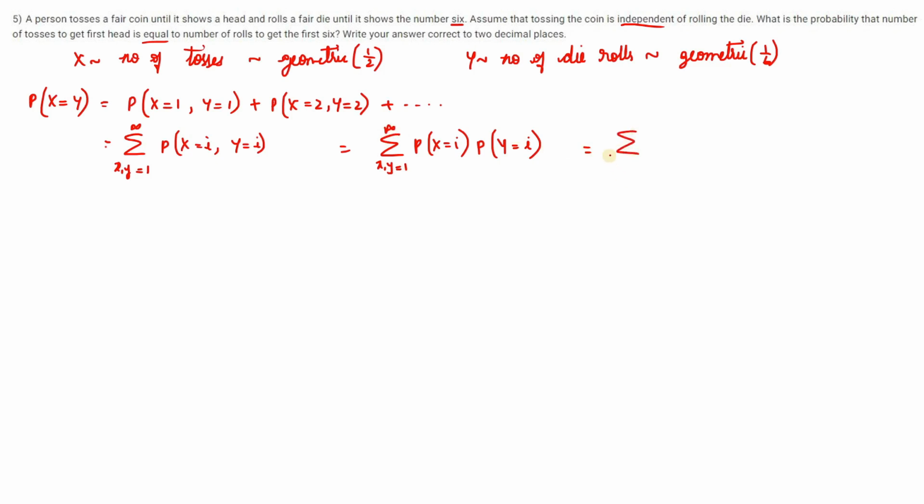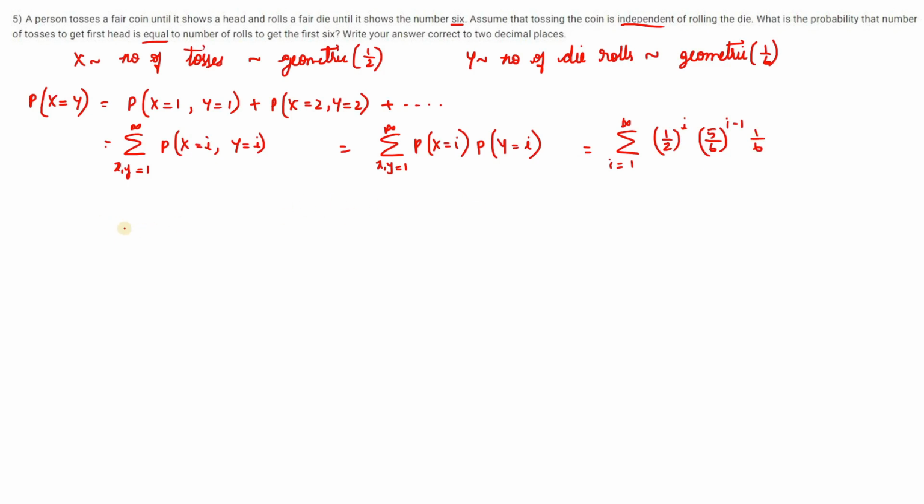Now we just apply the formula for this, which is the summation from i equal to 1 to infinity of 1 by 2 to the power of i, into 5 by 6 to the power of i minus 1, into 1 by 6.